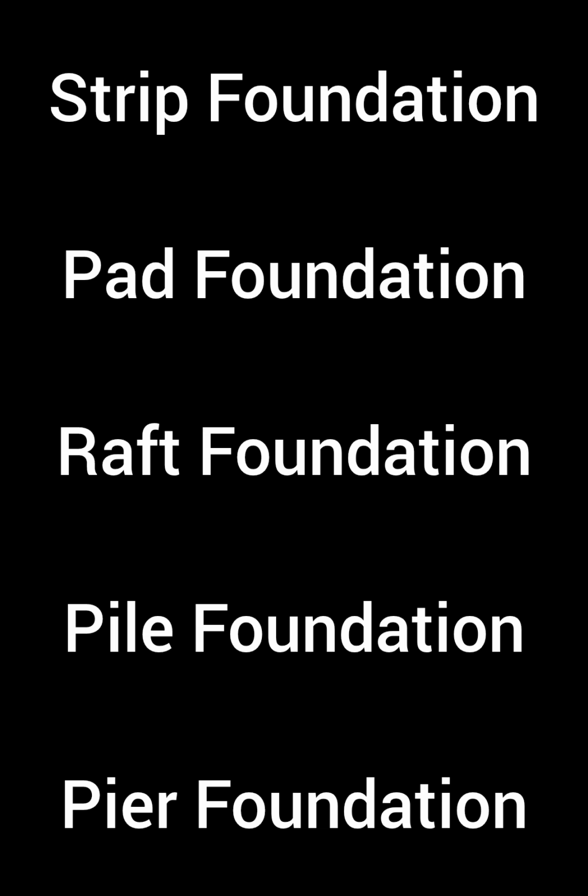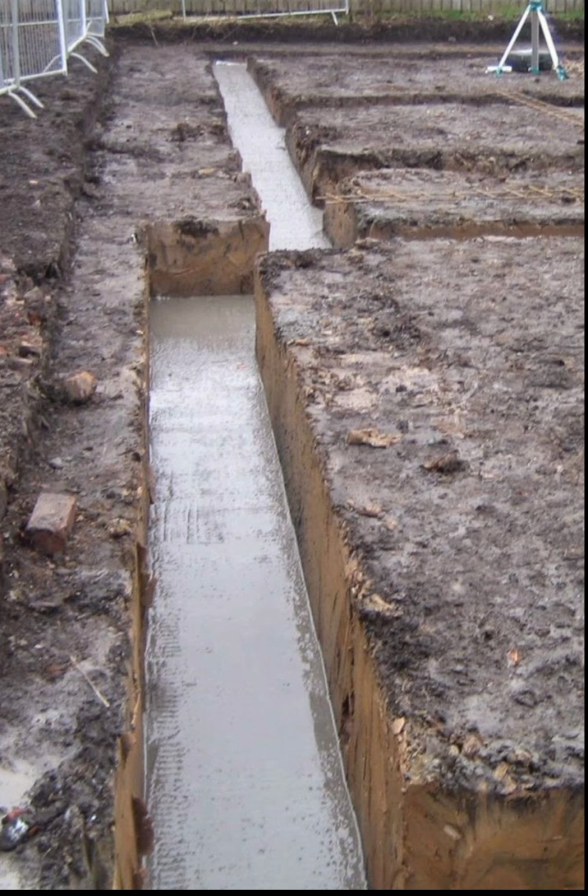So moving on, the first on our list is the strip foundation. The strip foundation is also known as the continuous footing. They are long and narrow. They distribute the load of bearing walls over a long, or should I say wider area.